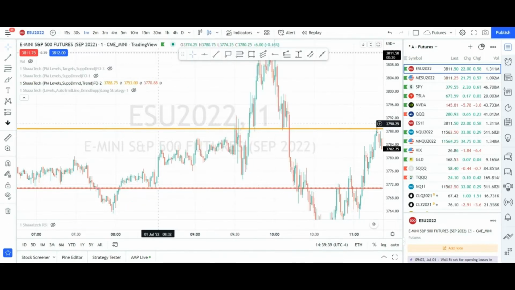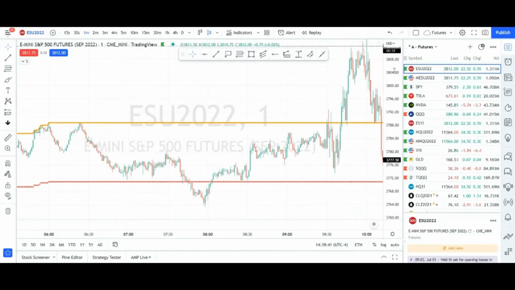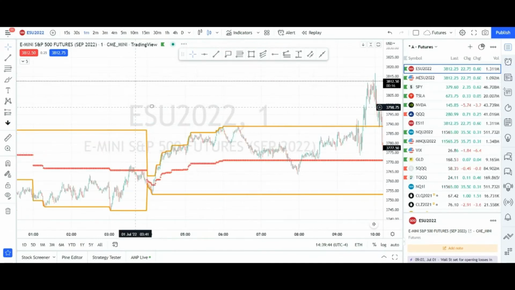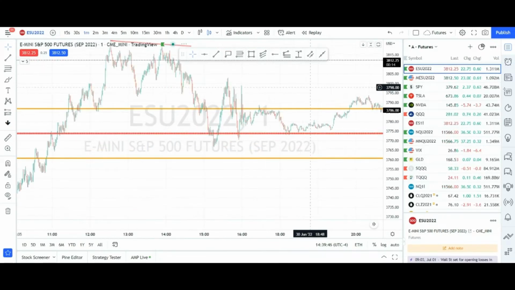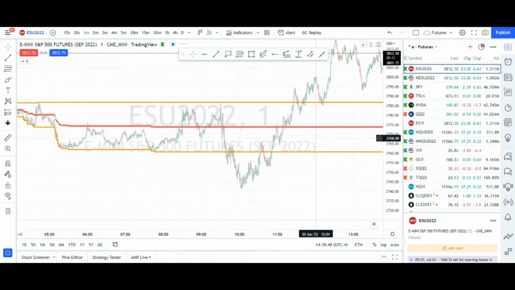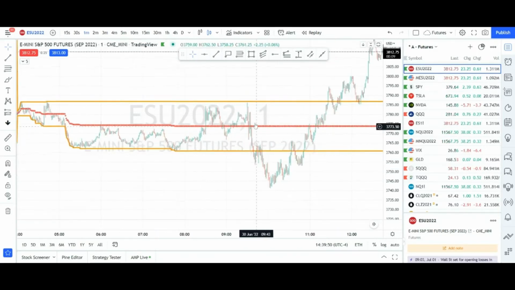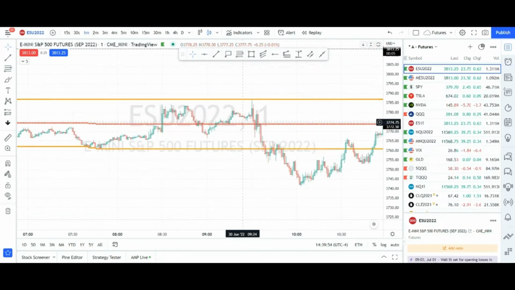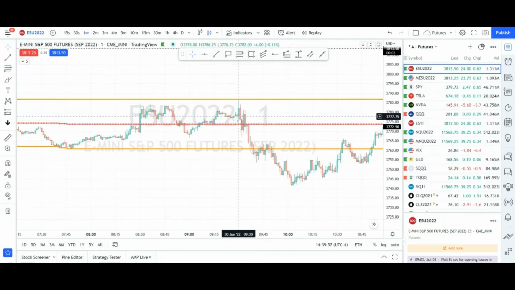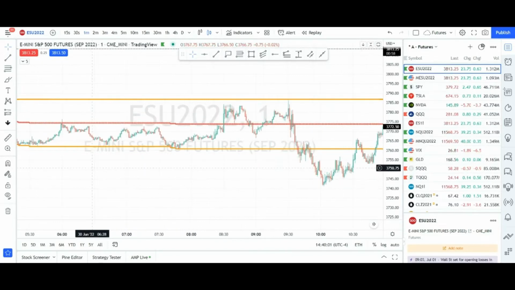Okay, so I have these levels on the June 30th chart. If you see, the pre-market high was not this candle. This is a 9:30 candle, meaning 9:30 to 9:31. But what was the pre-market high candle?